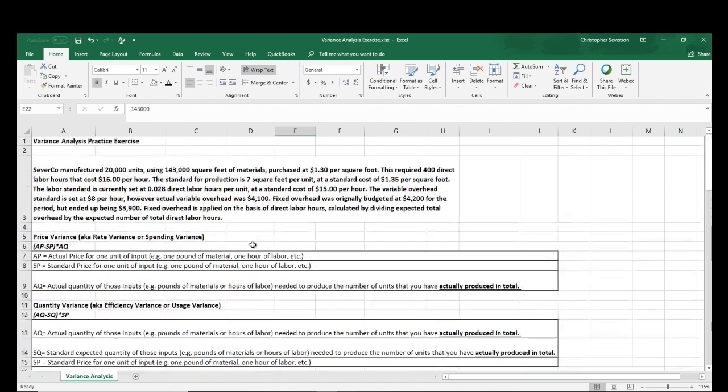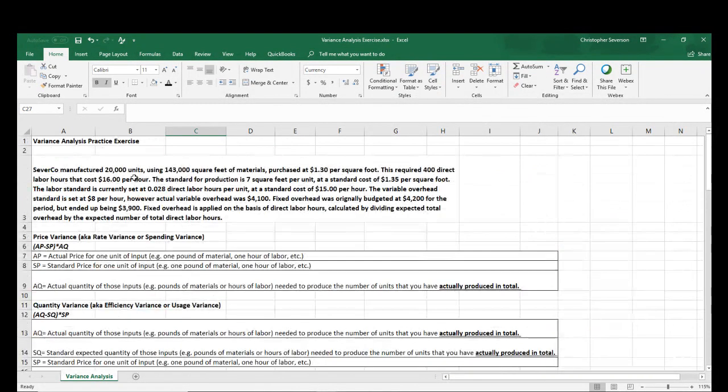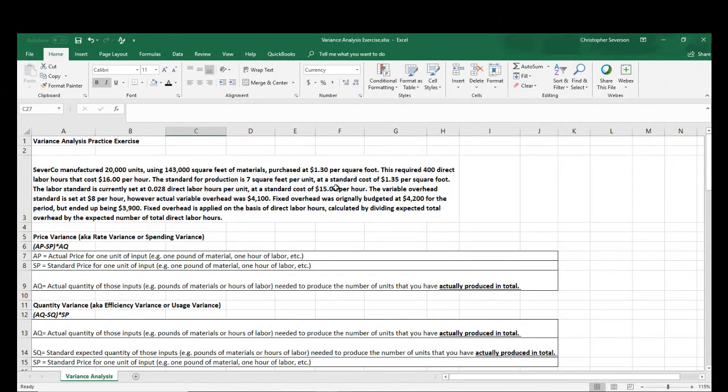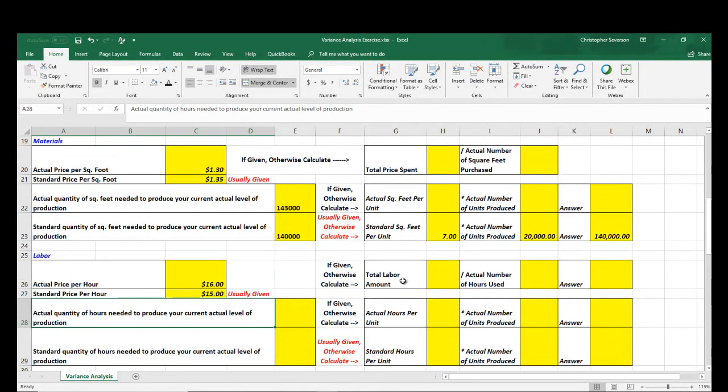Actual price per hour. It says this required 400 direct labor hours that did cost $16 per hour, so they've given that to us. The standard price per hour, they tell us that, as well as a standard $15 per hour. So we didn't have to worry about separate calculations for that.